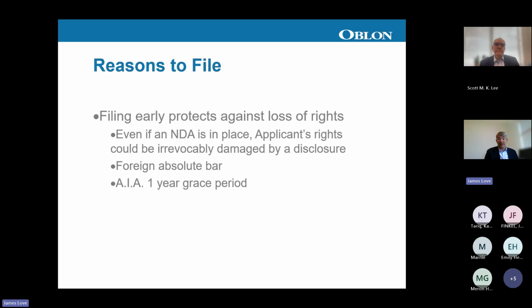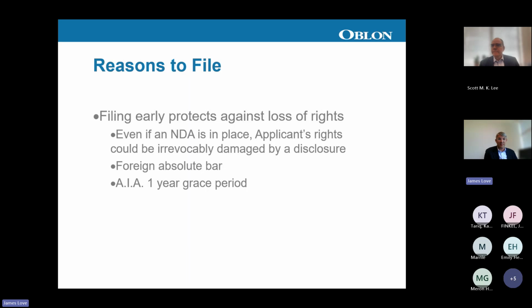Filing early, of course, also protects against loss of rights. As I mentioned before, if you disclose something publicly, you could have a big problem because you might not actually have your idea protected. Even if you have an NDA in place with someone, if they leak the material out into the public, you might have no recourse.